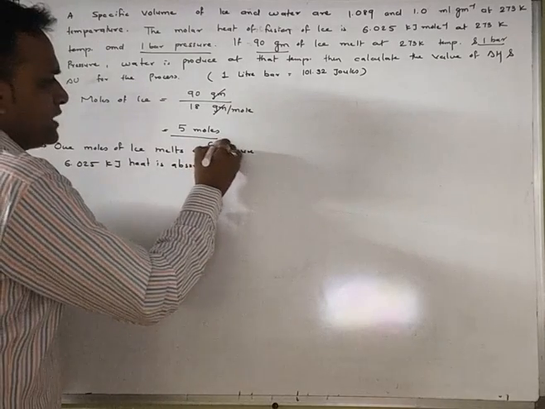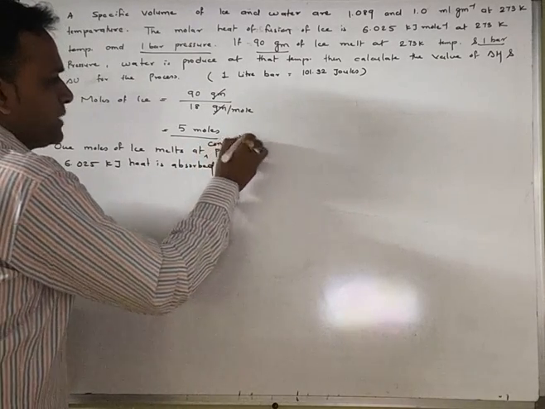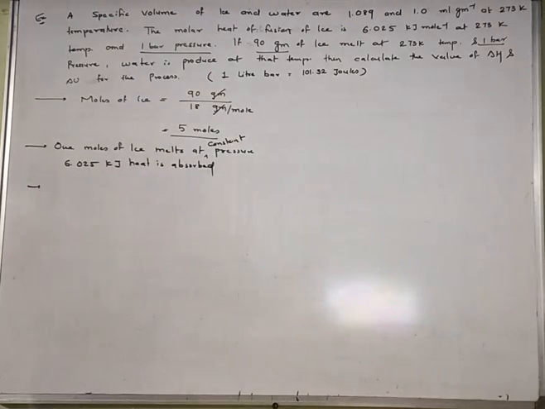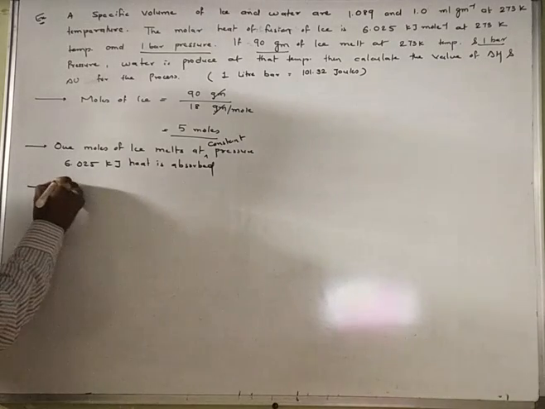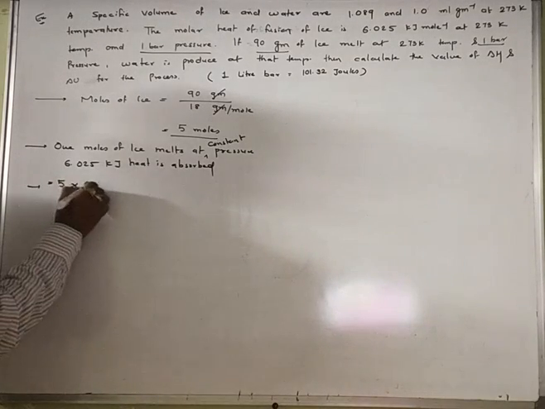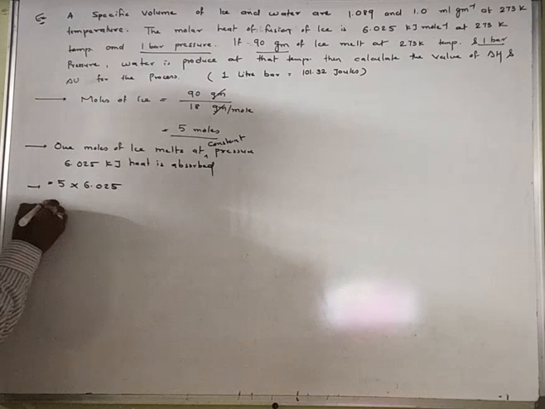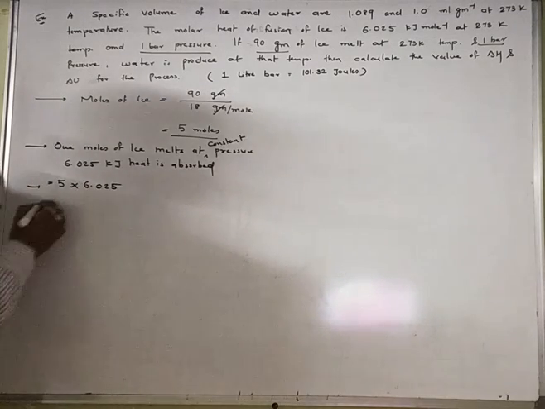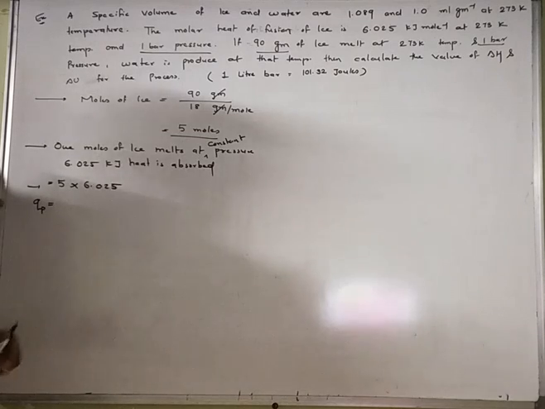So this much heat will be absorbed for 1 mole. The total number of moles given here is 5, so how much total heat will be absorbed? I can write 5 multiplied by 6.025, so here Qp will come, the heat absorbed at constant pressure.